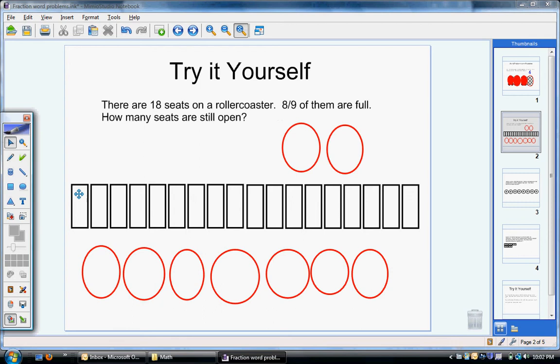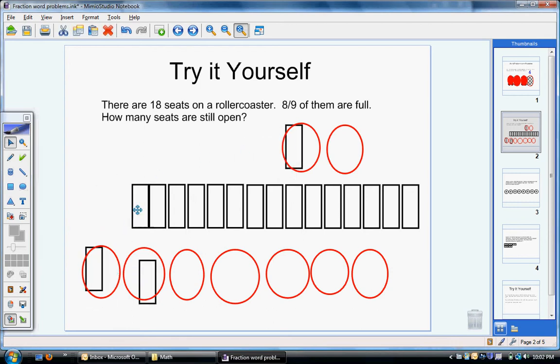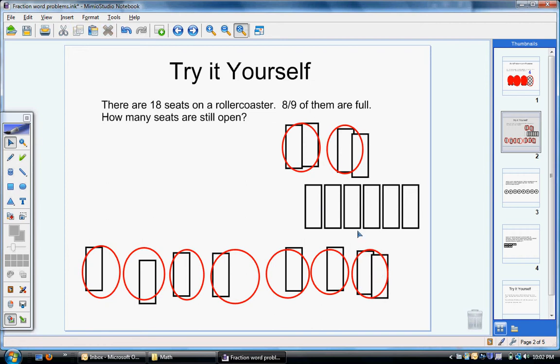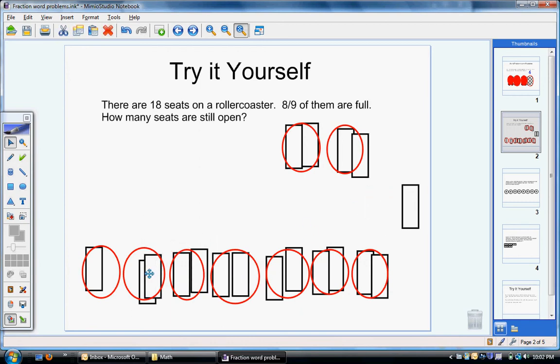Now I'm going to go ahead and sort my cars into those groups so that I know how many cars there is per each 9. Now I can see that there's 2 cars per each 9. Now I want 8/9 of them to be full. So I would like 8 out of my 9 groups to be full of kids.